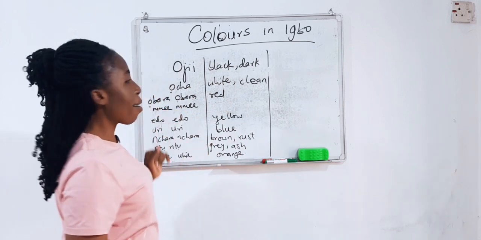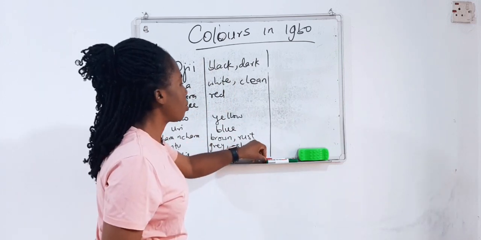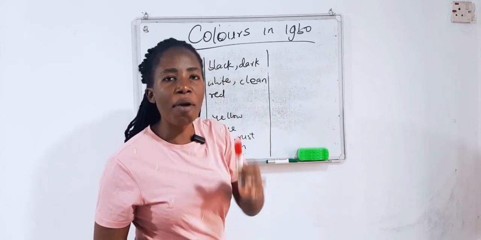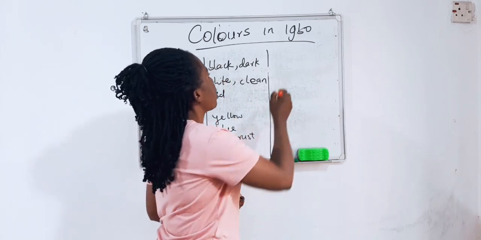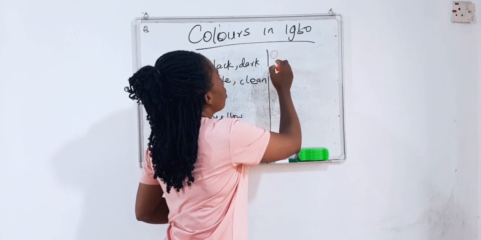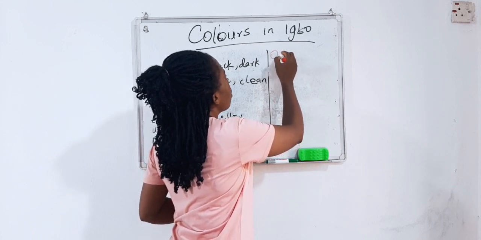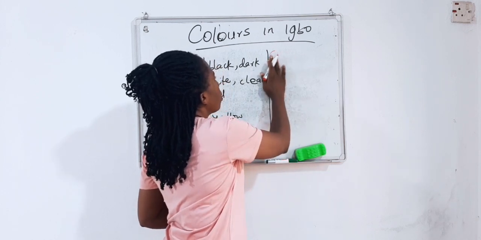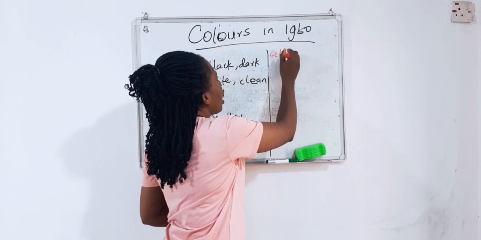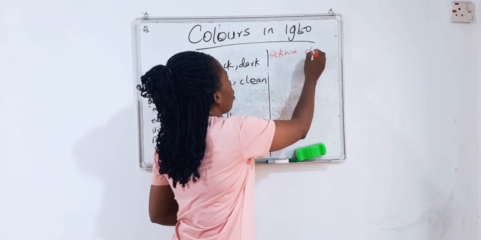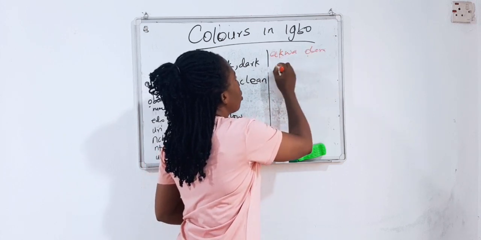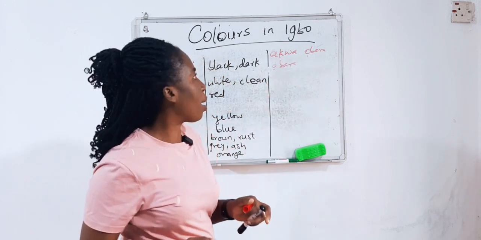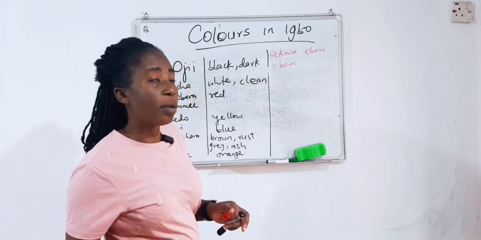Let's go to ọbara ọbara. Mkpịsị odee a bụ nke ọbara ọbara. Akwa ọbara ọbara. Red cloth.